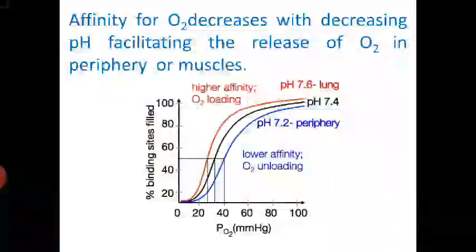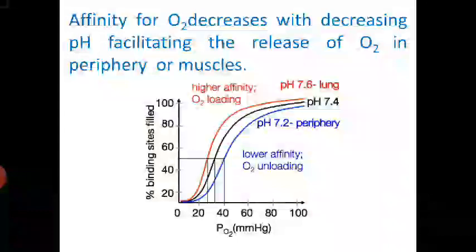So the Bohr effect can be studied through this graph. Affinity for oxygen decreases with decreasing pH, facilitating the release of oxygen in periphery or muscles. Here in this graph we can see the half saturation partial pressures of oxygen at various pH values.